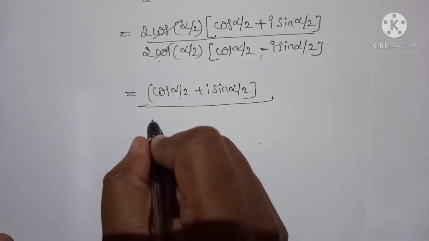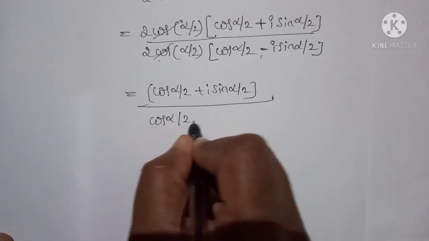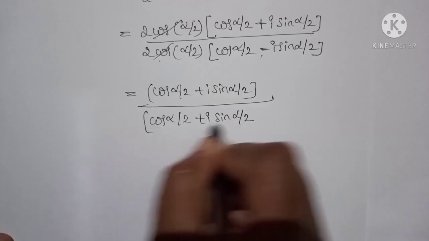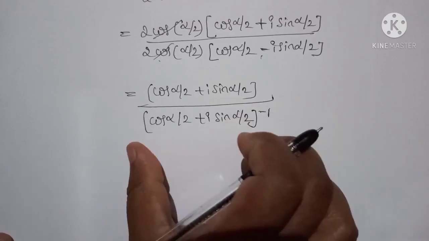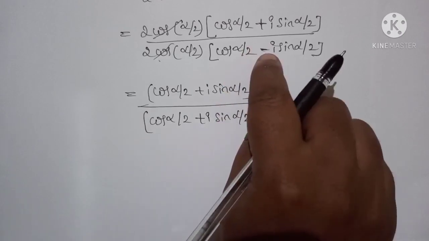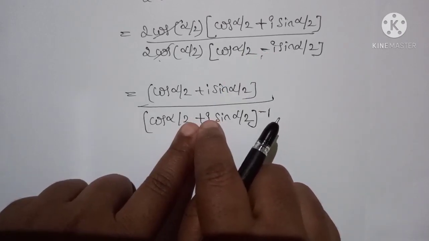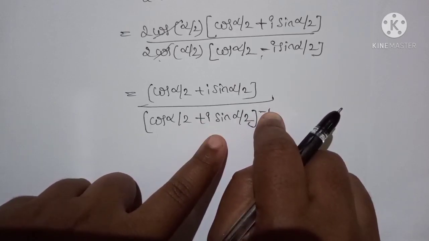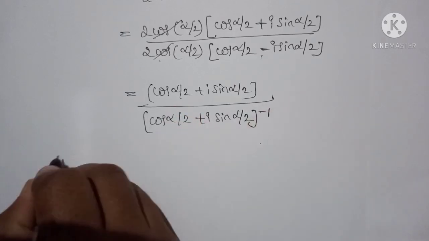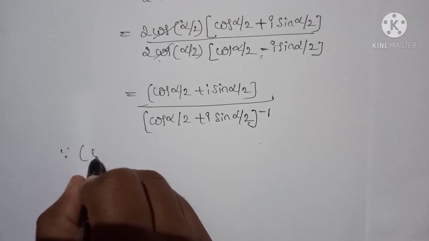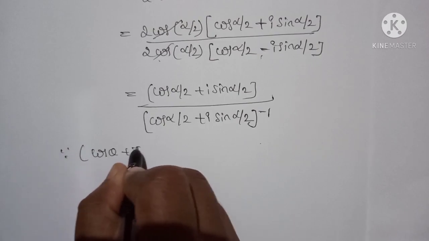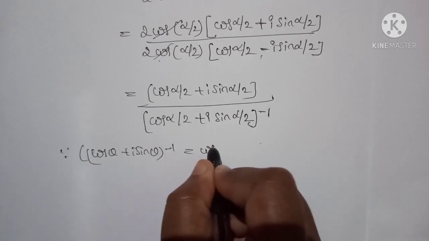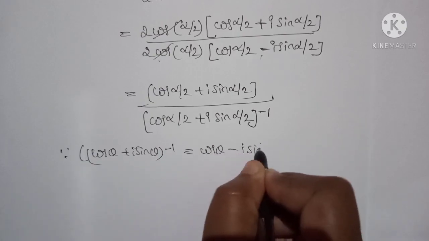The denominator can be written as cos alpha by 2 plus I sin alpha by 2 whole power minus 1. This is by De Moivre's theorem. If we have a minus sign, we can take it as a power, because by De Moivre's theorem, cos theta plus I sin theta whole power minus 1 equals cos theta minus I sin theta.